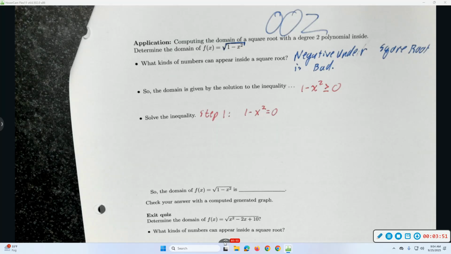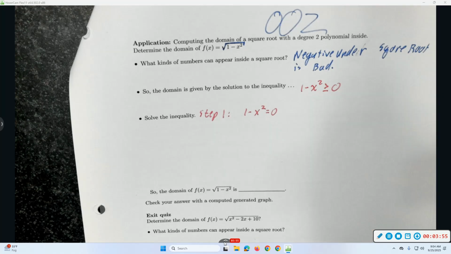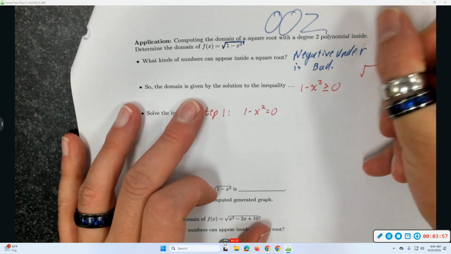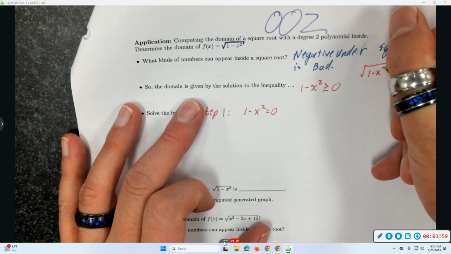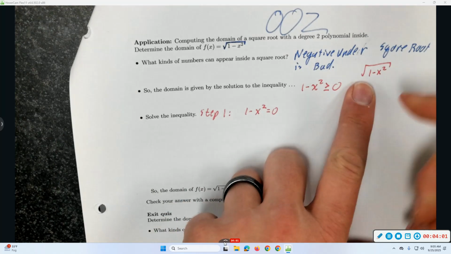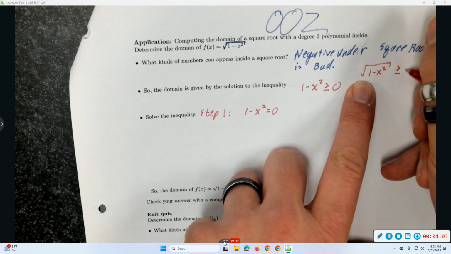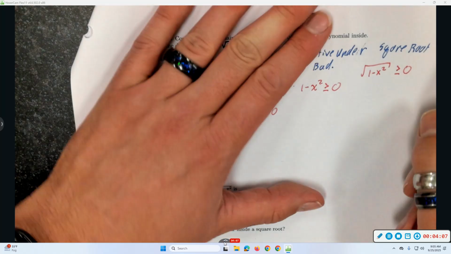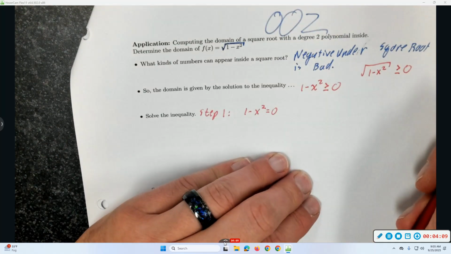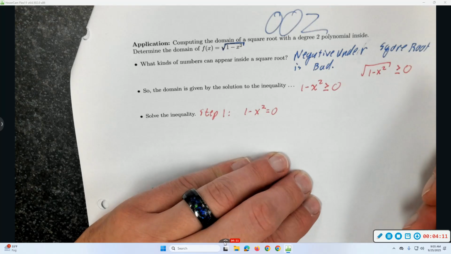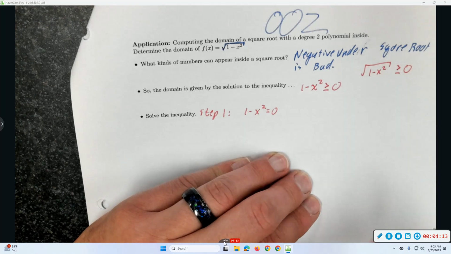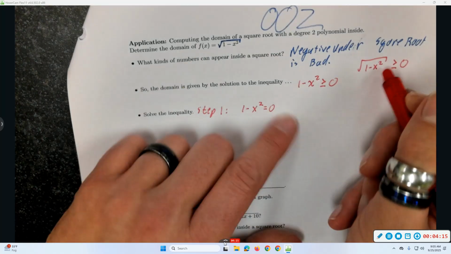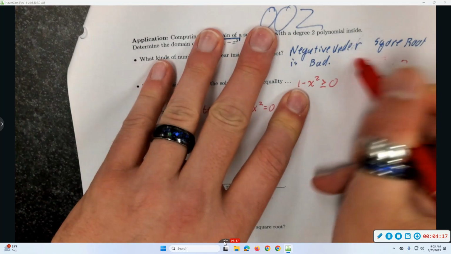The function is the square root of 1 minus x squared. That certainly should be bigger than or equal to 0, because the square root of anything is bigger than or equal to 0. The stuff under the square root, I need to make sure cannot be negative in order for the function to be defined.